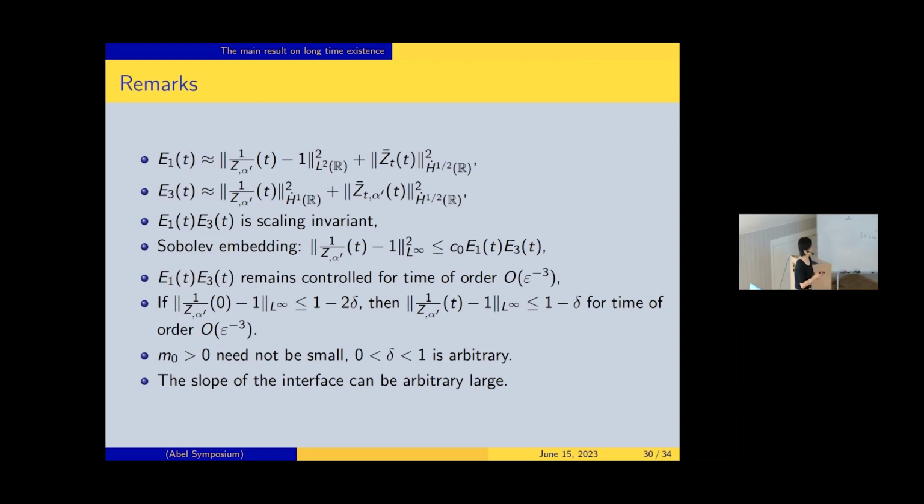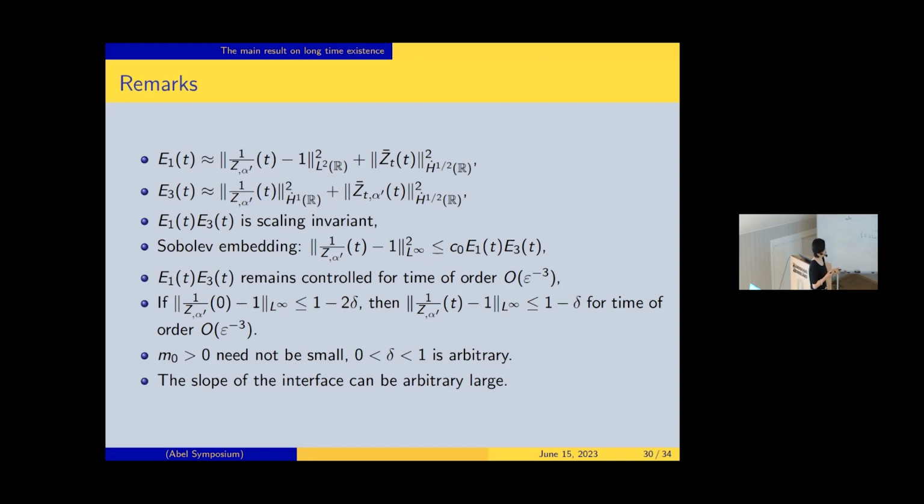That's one way of controlling it, and because we are able to control E1 and E3 for this time of order, we use this Sobolev embedding. If we can control the right-hand side for this time of order, we are able to control the left-hand side for this time of order.